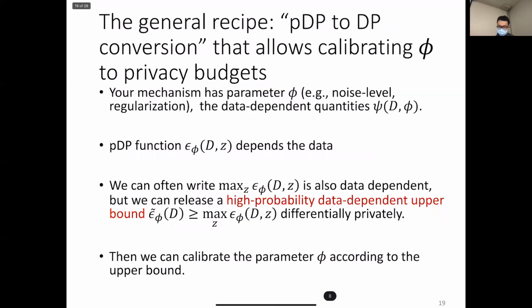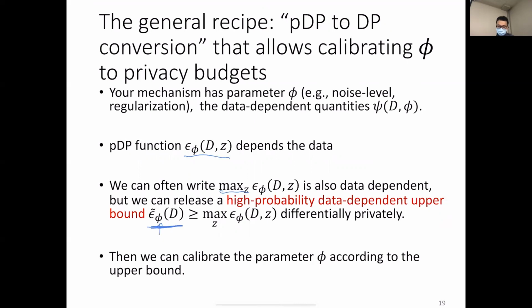Okay, so a slightly different approach would be to say that, let's say we fix this parameter phi, and then we work out this PDP function. We take the max to eliminate the variable, so that this upper bound applies to all individuals. But now this still depends on the data set, and then we can release a high probability data dependent upper bound that is parameterized by phi.